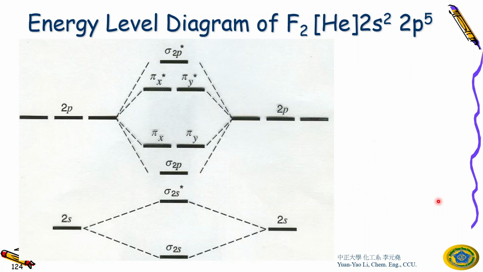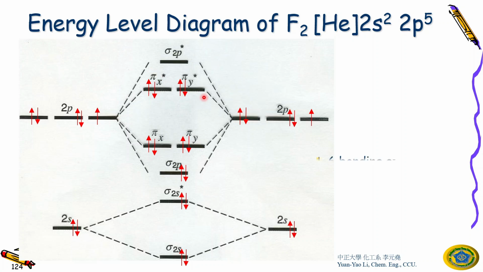Right. Another example is the fluorine molecule. The electron configuration of fluorine is 2s2, 2p5, so there are 7 valence electrons. If you put the electrons like this, you will realize there are 2 pairs of electrons in the anti-bonding molecular orbitals.